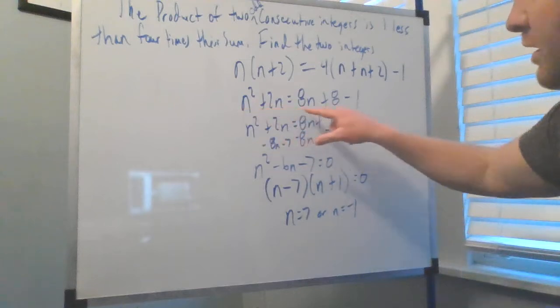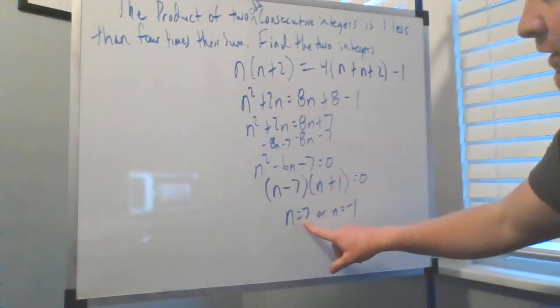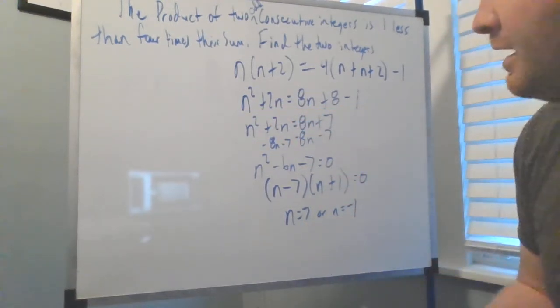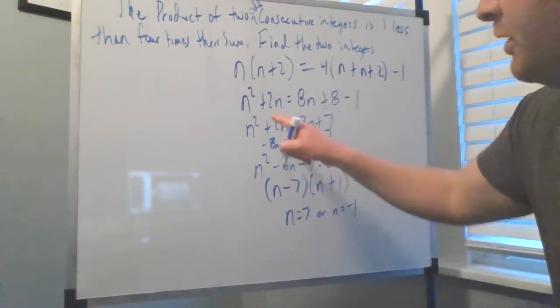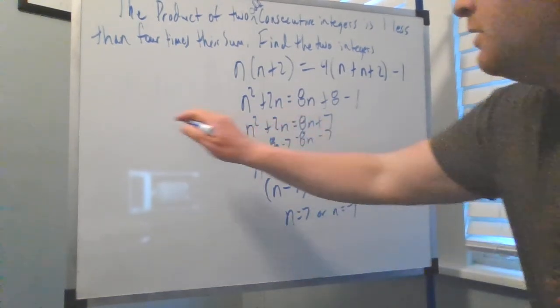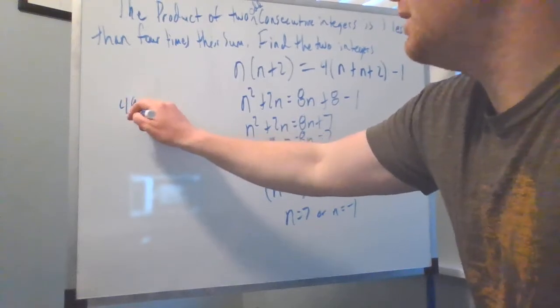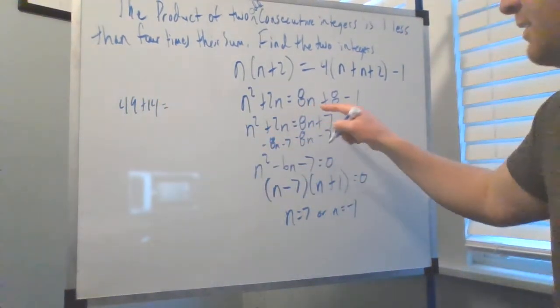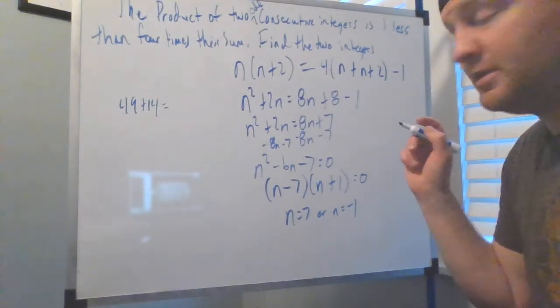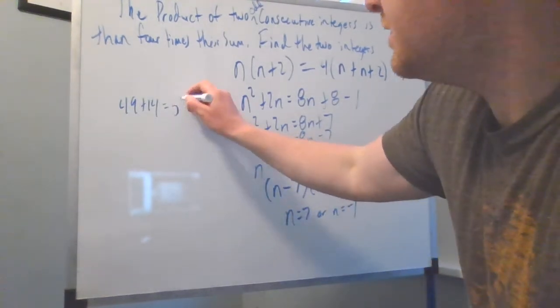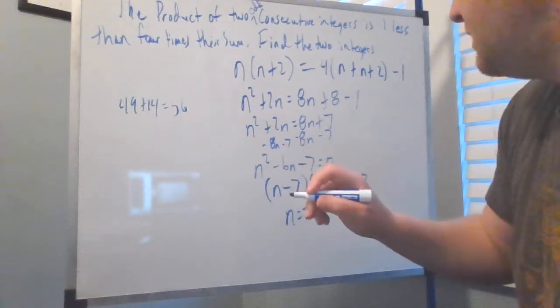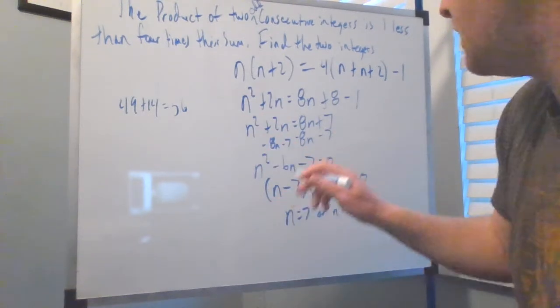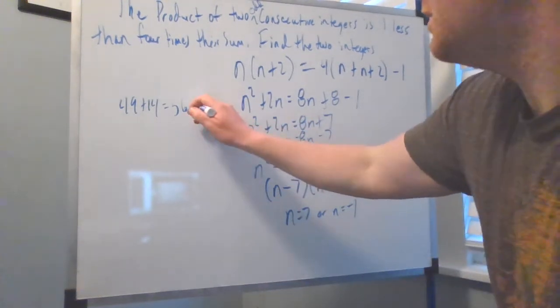I'll just use this right here to see, and I'll test my positive root first. So I know I got n squared is 49 plus 2 times n, which is 14. So I got 49 plus 14 is equal to 7 times 8, that's right, 56, plus 8 times 7, my apologies.